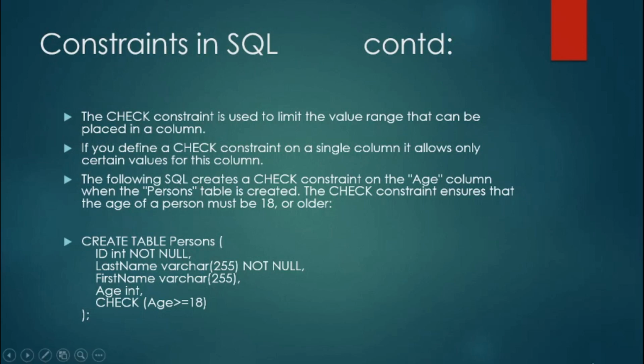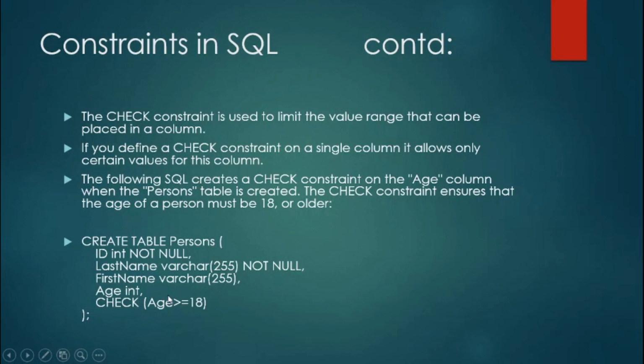And here you can see that I have taken one example that this check constraint will ensure that the age of person must be 18. So here what you have done is that for ID you have taken the not null constraint. For last name it is not null constraint. For first name it is again varchar.